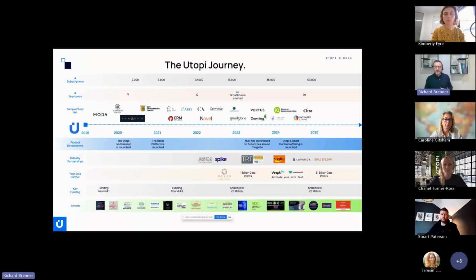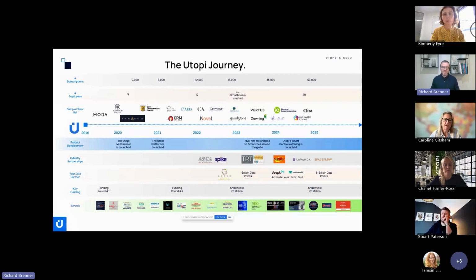So a little bit of the Utopi journey, first of all. Formed in 2019, the business is now 6 years old, and as I said, it was centered on the start of being able to use data to address actual issues that owners and managers of buildings had at the time.